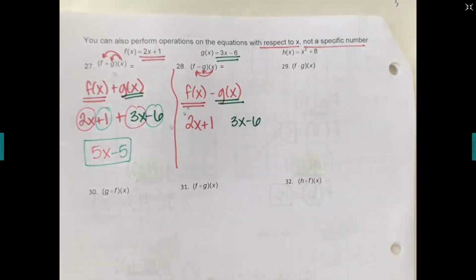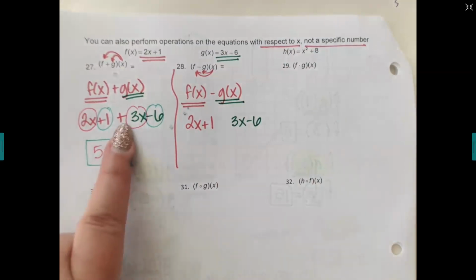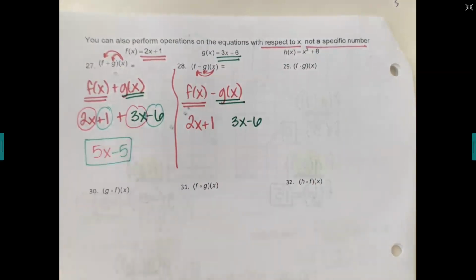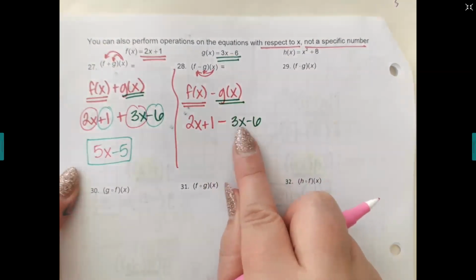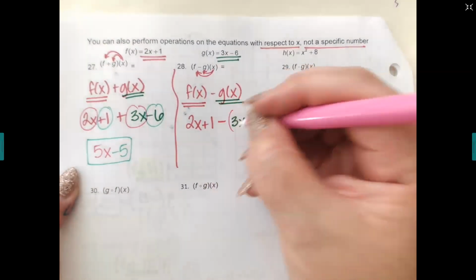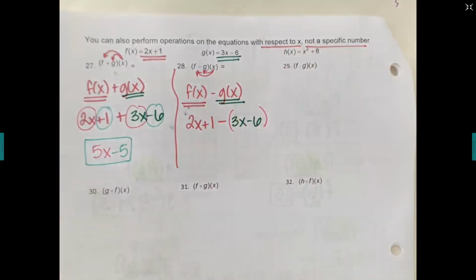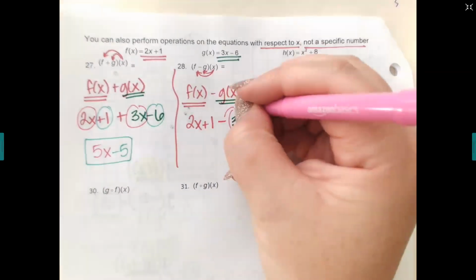Now, one big potential for error here. When you are adding in the middle, you're just combining like terms. But if you are subtracting, you need to subtract the whole g of x formula. So really, you need to remember that that second formula needs to be grouped with parentheses so that you can bring that negative into both of those terms.